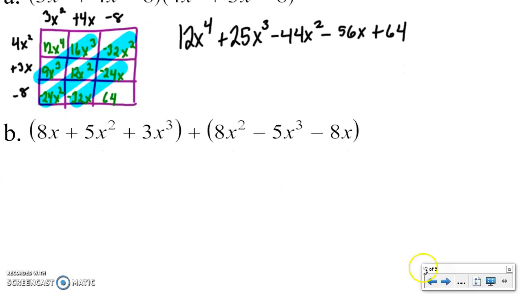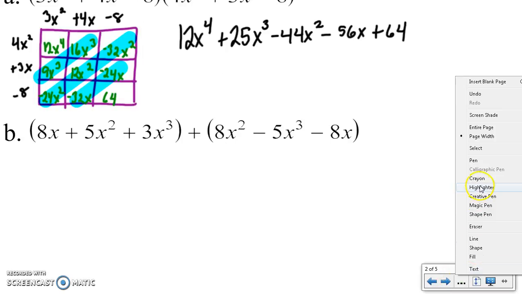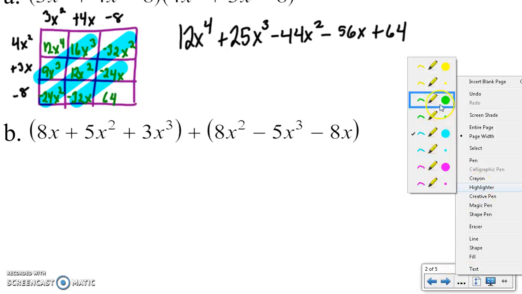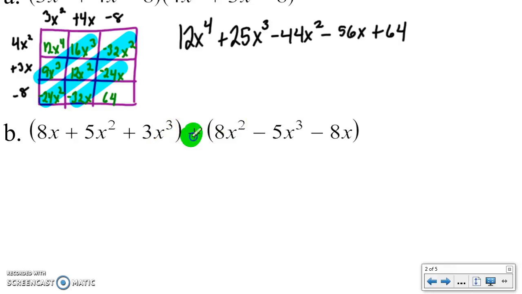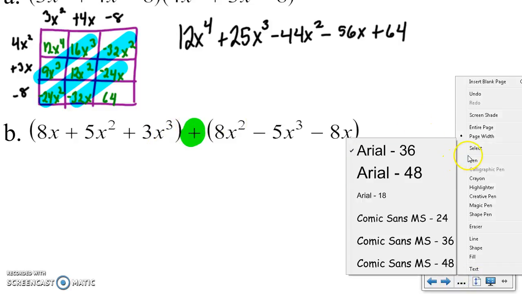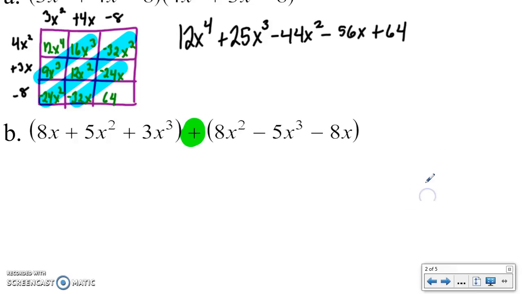In the second problem here, notice something that makes a huge difference, and that's the sign in the middle. If I have a plus sign in the middle, that means I'm going to go ahead and add, or combine my like terms. So I'm going to start with my biggest exponent here.